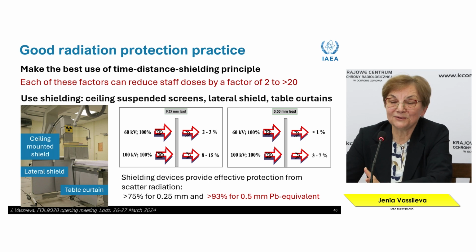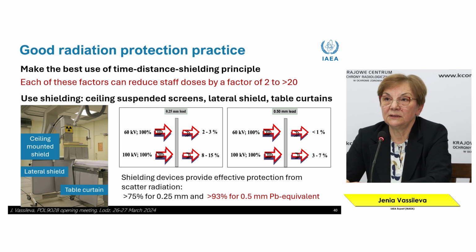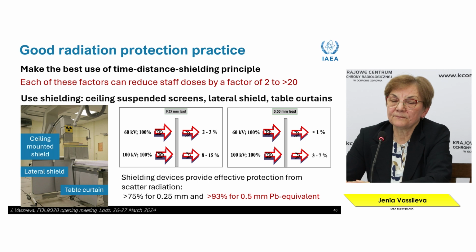I also hear very often from some interventionalists that this is not very practical because, I don't see the patient very well when I'm using the shield. No, this is just a habit.